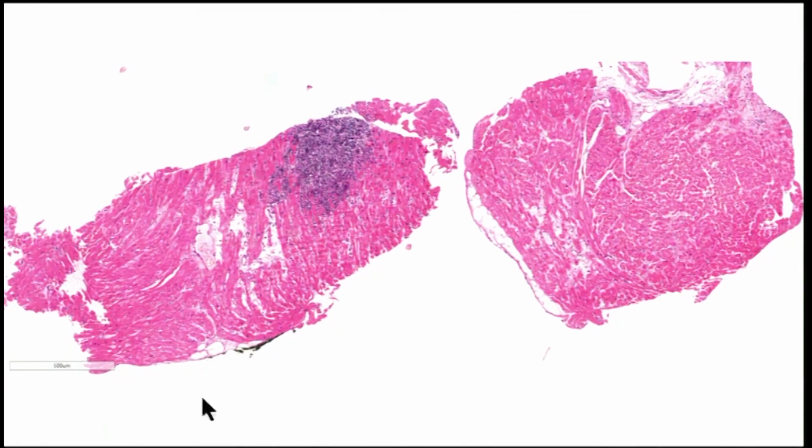The rest of the myocardium has no evidence of rejection, no perivascular lymphocytic infiltration. So it can be a kind of healing biopsy site lesion rather than rejection. So going to high power is not always a good way to interpret it. Rather, we should see the whole environment and circumstance of why we are dealing with this condition.